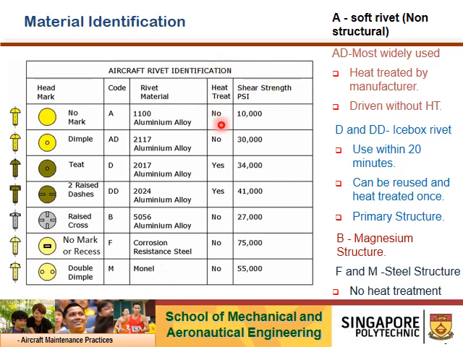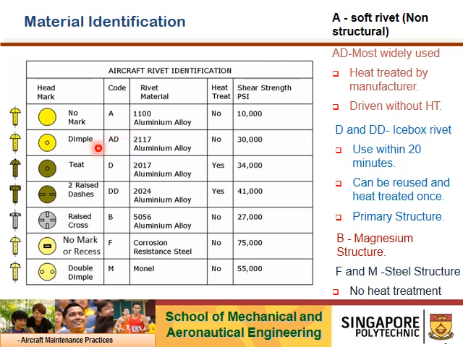The heat treatment column here is marked as none. What do you mean by that? It's very simple. That means this rivet does not require any heat treatment process before installation. So you don't need to put it inside an oven to heat treat it prior to installation. The same goes for the next rivet, AD.